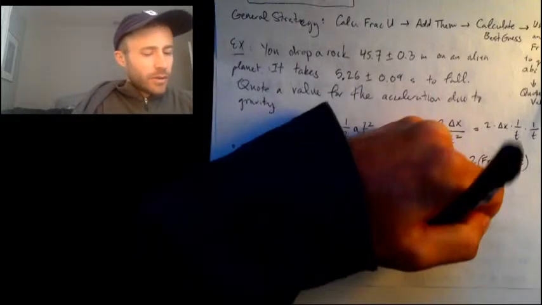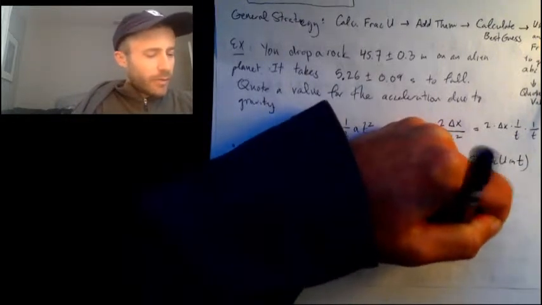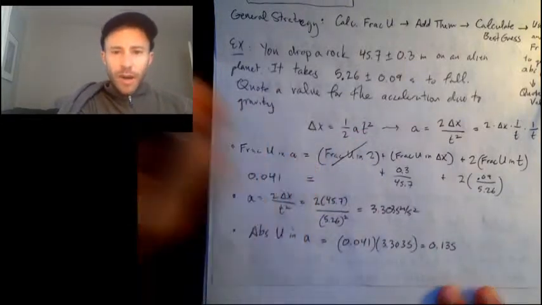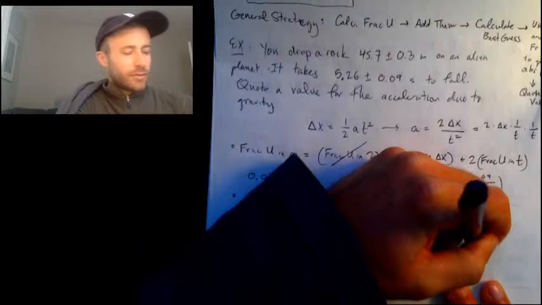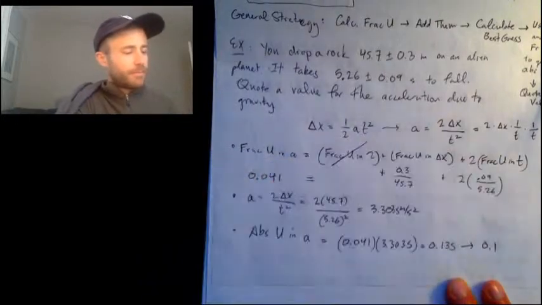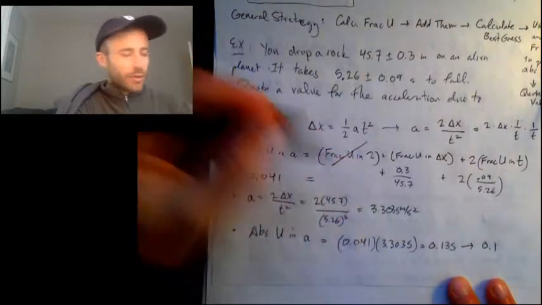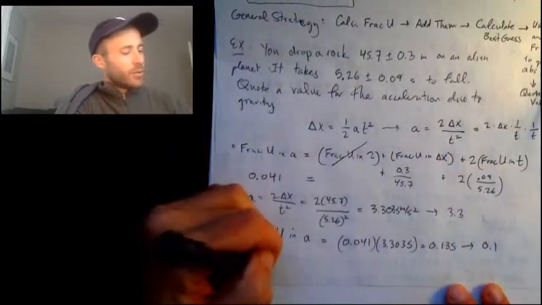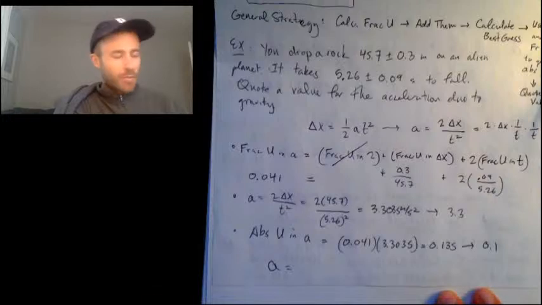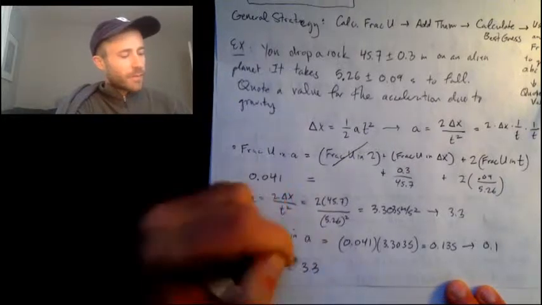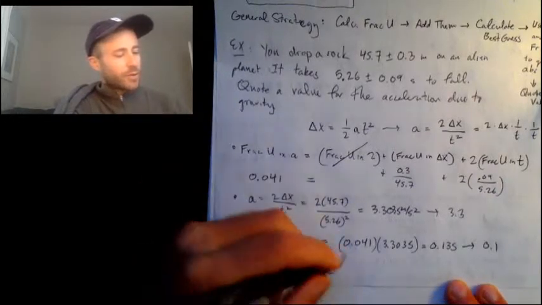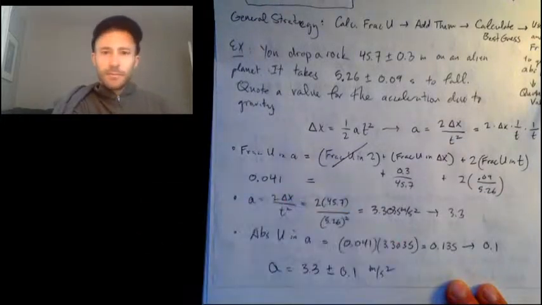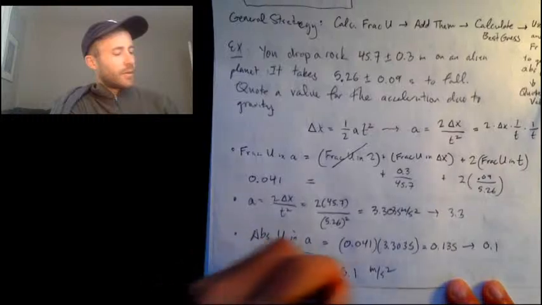Which is 0.135, which I then round to one significant digit, so that's going to be 0.1, which means I then have to round this to the tenths place, which is going to be 3.3. So when I quote my value for the acceleration, my best guess is 3.3. My absolute uncertainty is 0.1. So that's our answer. All right.